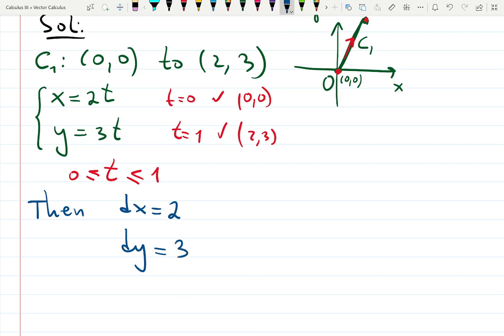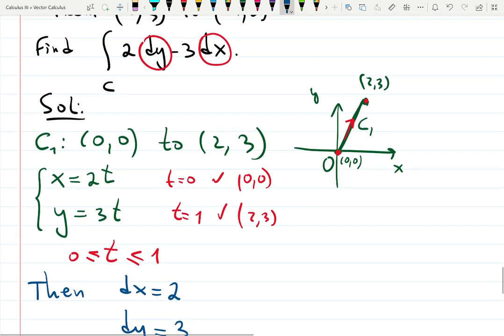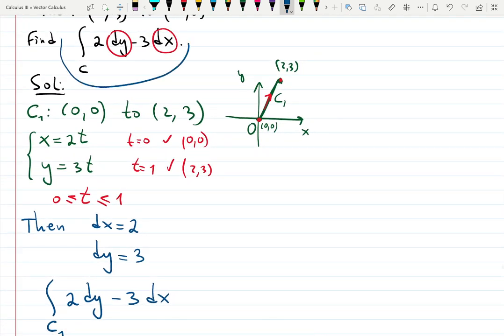So we can start building this first integral. The first integral over C1 of 2 dy minus 3 dx. This part was given, as you can see. Equals, and now we know that it's going to be in terms of t, so it will be dt at the end, no dx, no dy. t is running from 0 to 1.